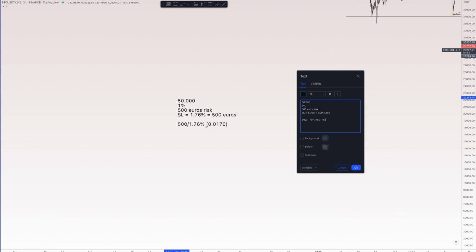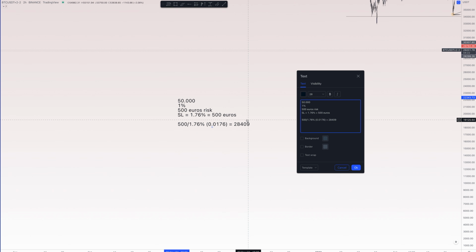This is also equal to 0.0176. And 500 divided by 0.0176 is 28k, or 28,409 euros. So this 28,409 euros is the amount you will put in this trade. That is your position size, of course, if you're not using leverage.